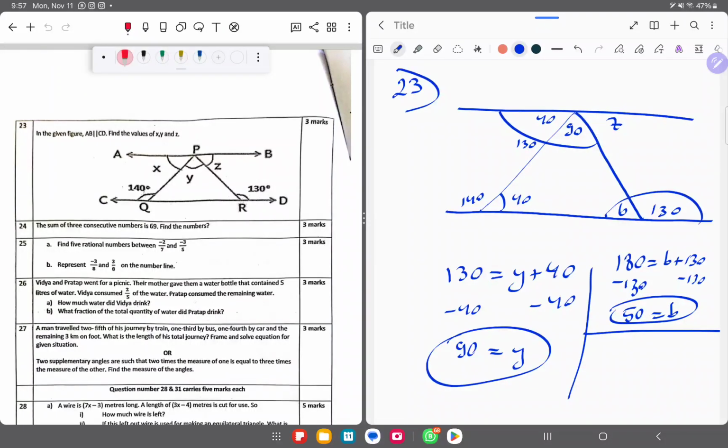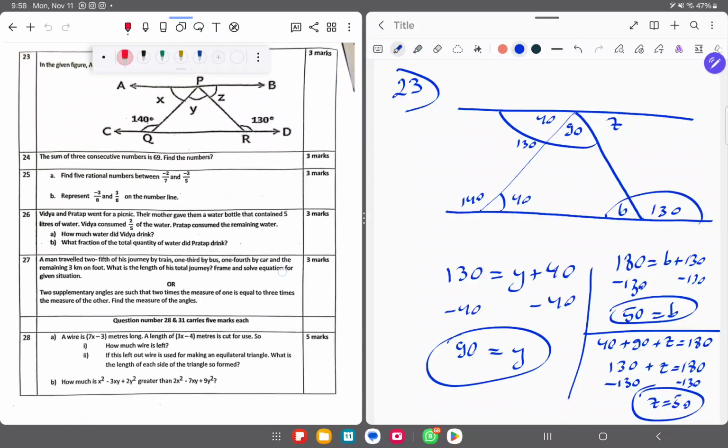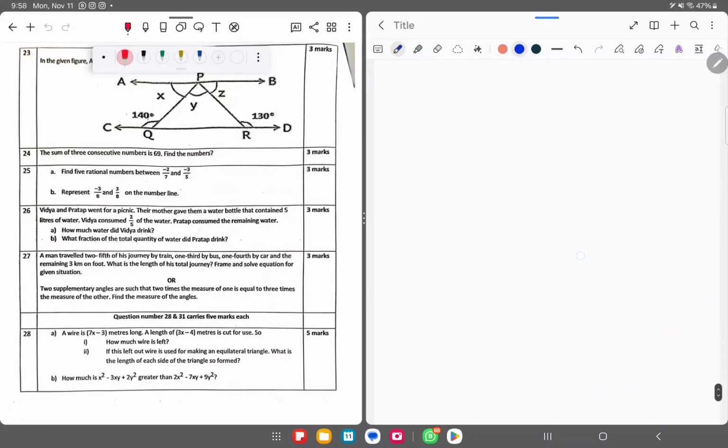Now, if you still want to do it, 40 plus 90 plus z is equal to 180. This is 130 plus z is equal to 180. Very important note, you need to remove 130 from both sides, z is equal to 50. I reached the same thing. Okay, this is 23, 24.